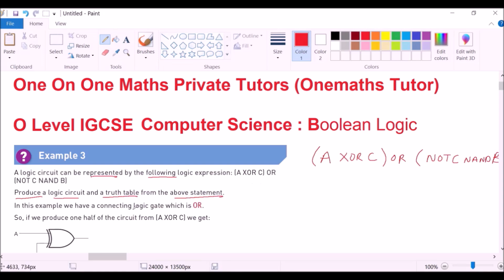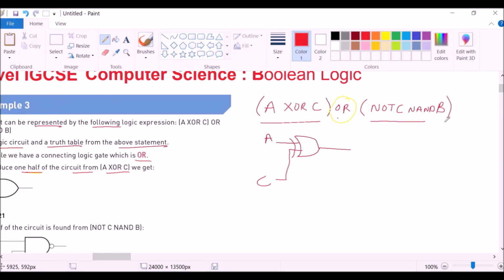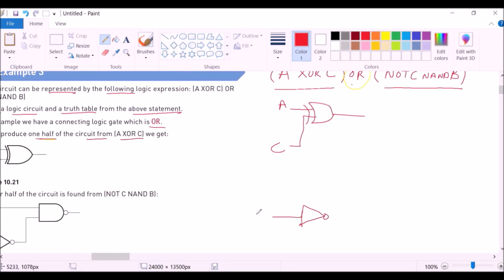In this example, we have a connecting logic gate OR. So this OR is our connecting logic gate. If we produce one half of the circuit from A XOR C, we have an XOR there, and A and C. So this circuit represents A XOR C. The other half will come from not C, NAND B. This is not C being connected to B to a NAND gate.